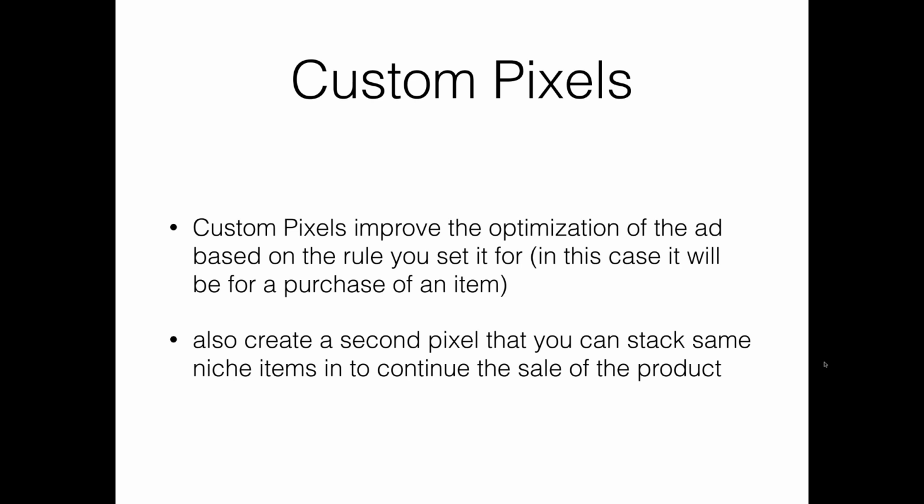So now this is the point where you're going to add the custom pixels, and the reason being is because it's going to improve the optimization of that ad based on the rule you set it for. So if I create a custom pixel for the teeth whitener that we had, I set my rule up for a custom pixel of a purchase for that teeth whitener.